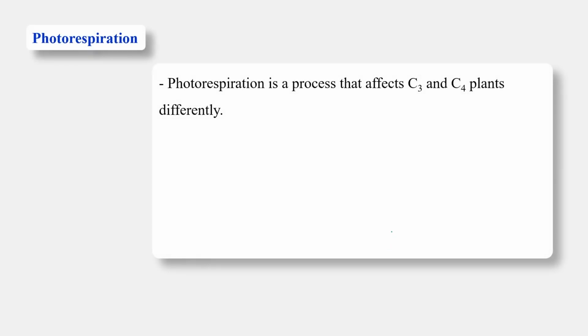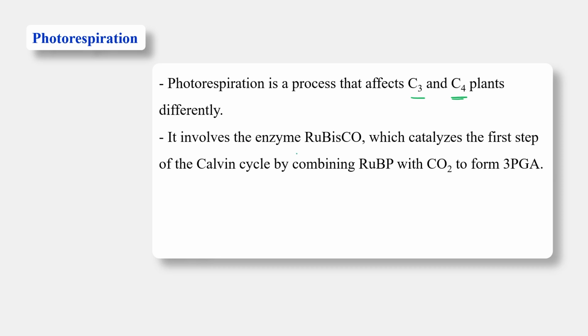Clear? Now, what is photorespiration? Photorespiration is a process that affects C3 as well as C4 plants differently, as it involves the enzyme rubisco, which catalyzes the first step of the Calvin cycle, combining ribulose bisphosphate with carbon dioxide to form 3-PGA.